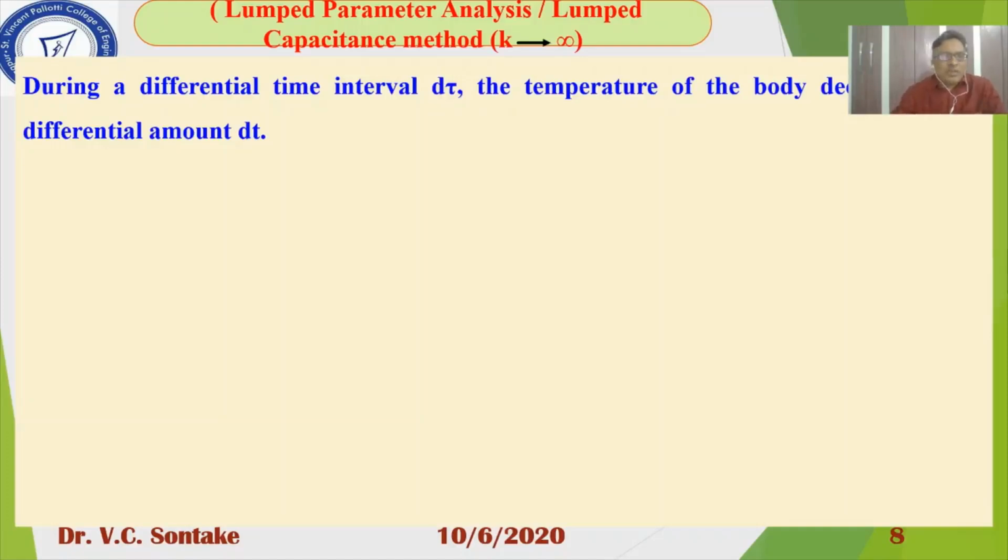What is happening actually is, the moment we immerse this hot body into the cold liquid, during any differential time interval d tau, the temperature of the body decreases by a small amount dt. Since cooling is taking place, the temperature will decrease by a small amount dt.